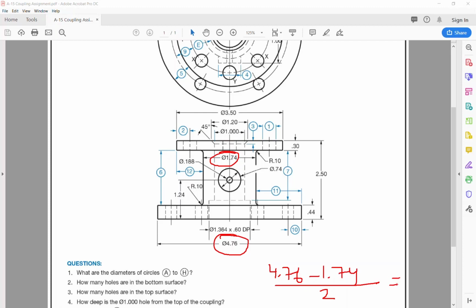So that would equal 4.76 minus 1.74, 3.02 divided by 2 is 1.51. So 11 equals 1.51. This is number 11. Okay? 12 is the same type of question.